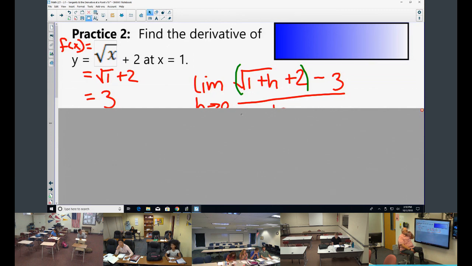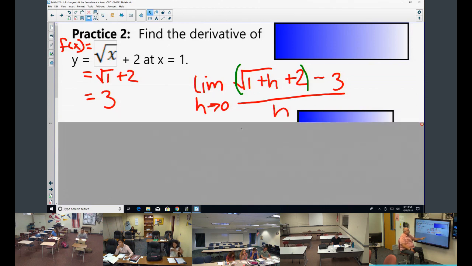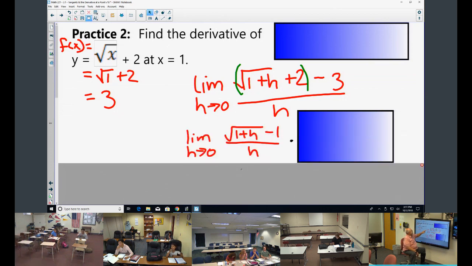Okay. And so then we have the limit as h approaches 0 of f of x plus h, so 1 plus h. All right, hold up just a second here.